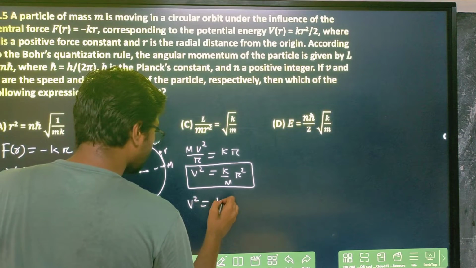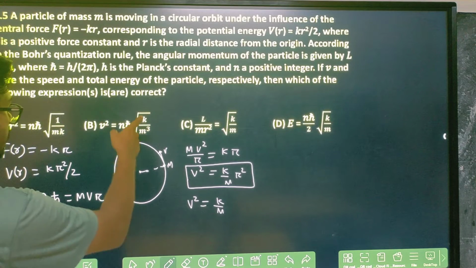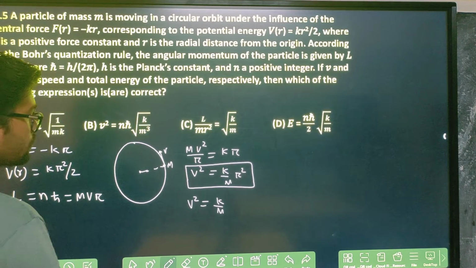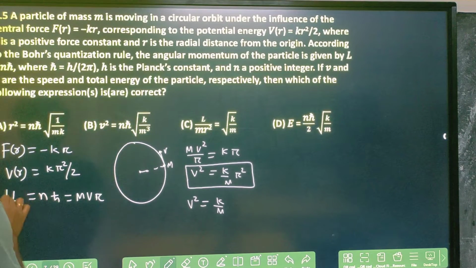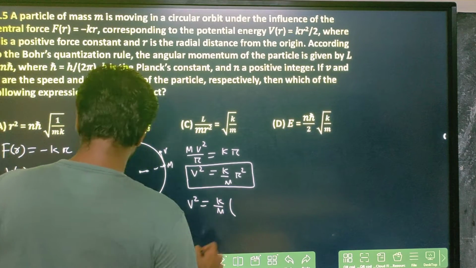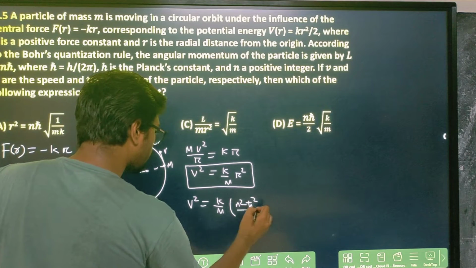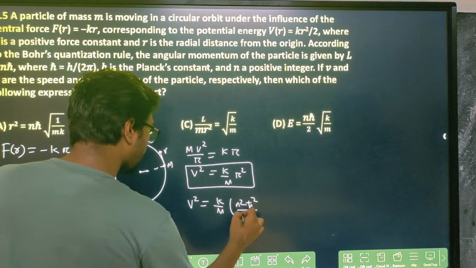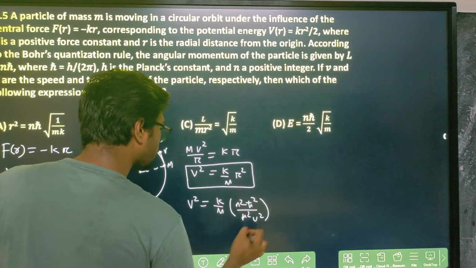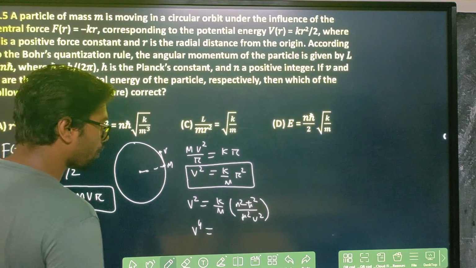So v square equal to k by m into r square. All these things they have given in h cut form, right? So r square you can put from here. r square will be basically n square h cut square divided by m square v square. This I can write from this equation. So v square multiplied with this will be v to the power 4.